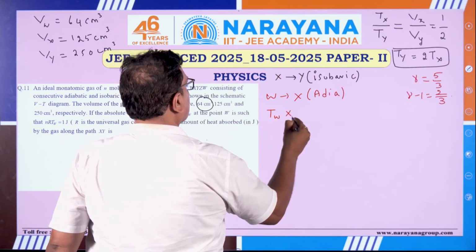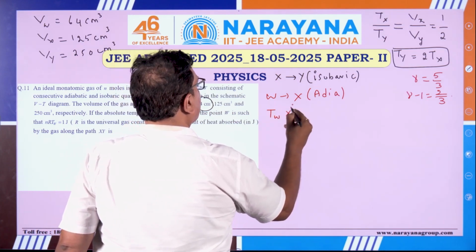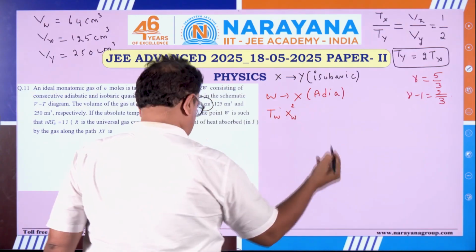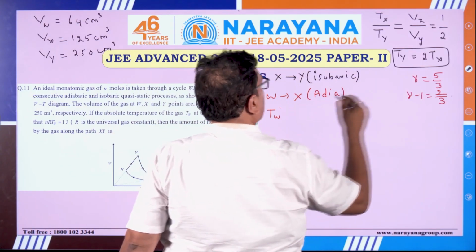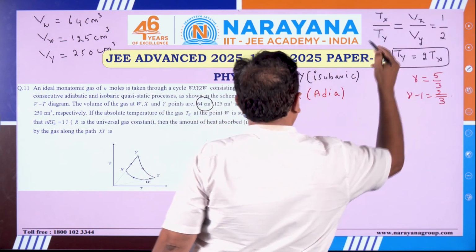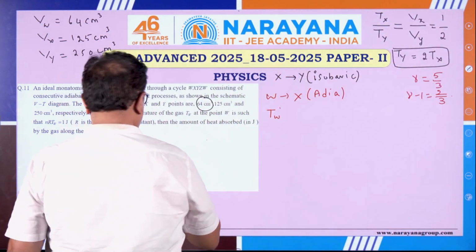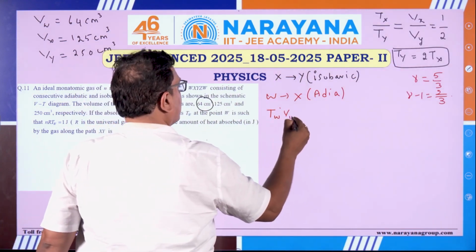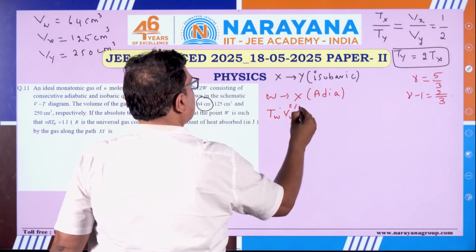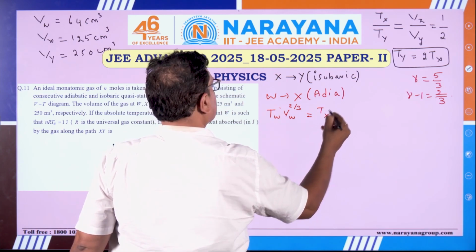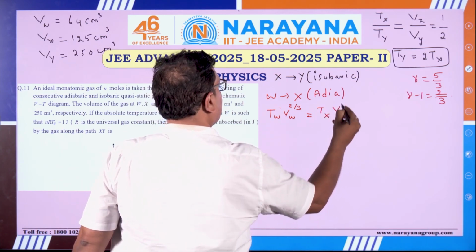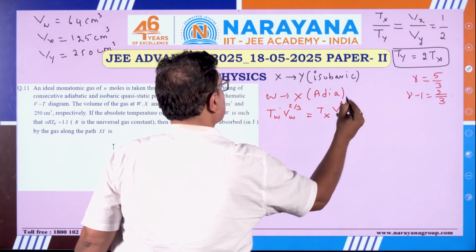Tw Vw to the power of 2/3 is Tx Vx to the power of 2/3. That's the deal.